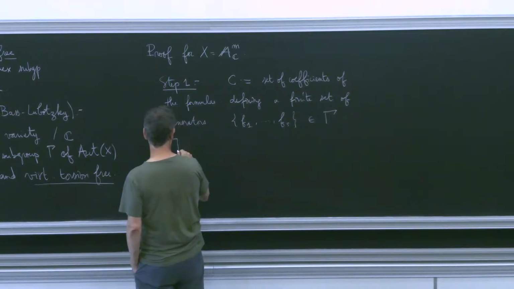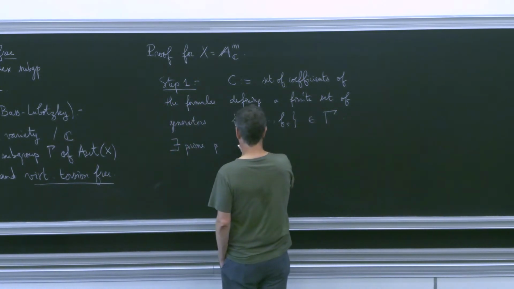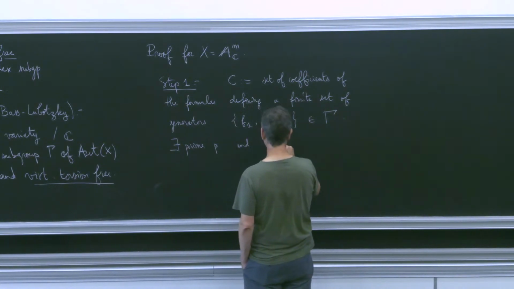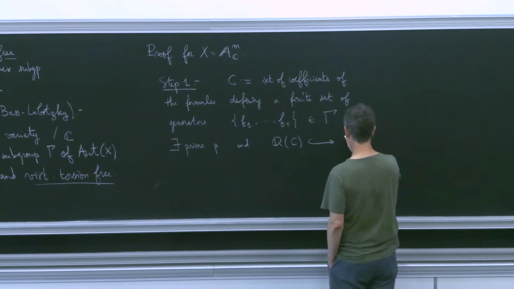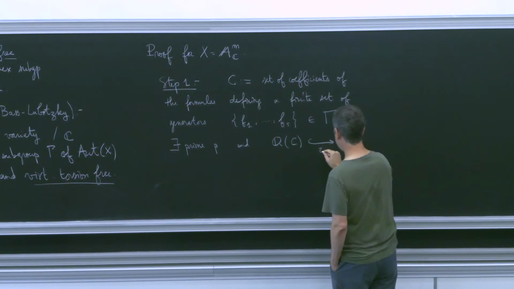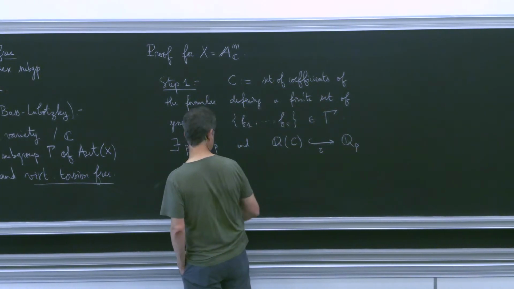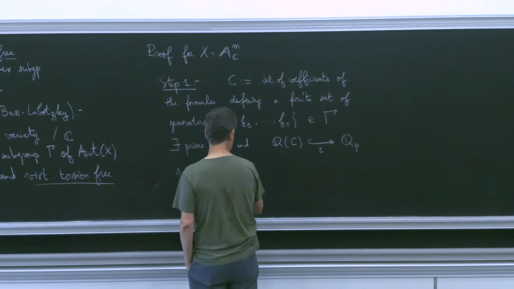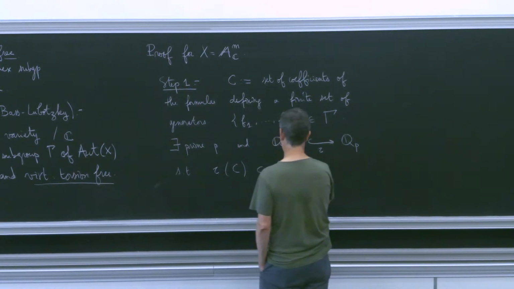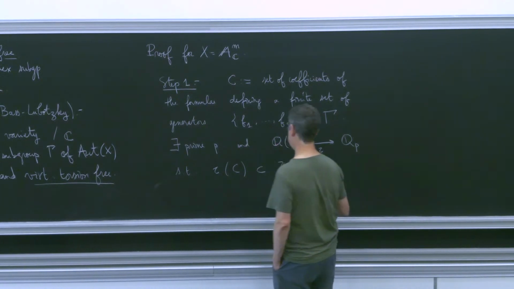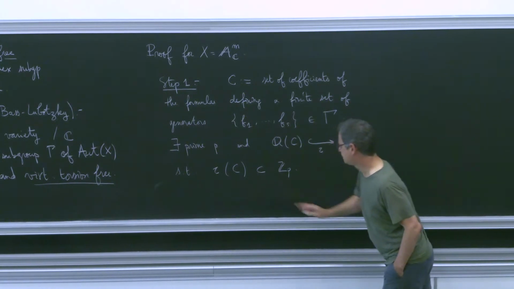Then there exists a prime p and an embedding iota of Q(C) into Q_p such that iota of C is contained in Z_p. Okay.